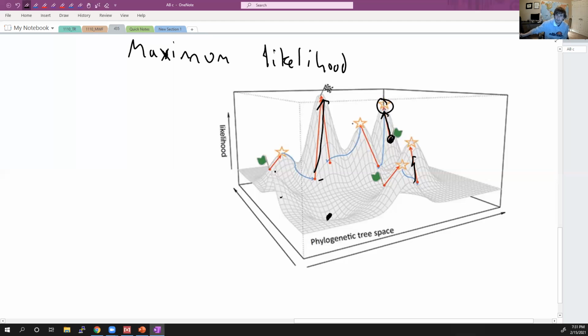Now, I would say the most sophisticated algorithm for building trees at this point is using Bayesian analyses. And Bayesian analyses is a little bit different than maximum likelihood. We still have this massive amount of tree space.